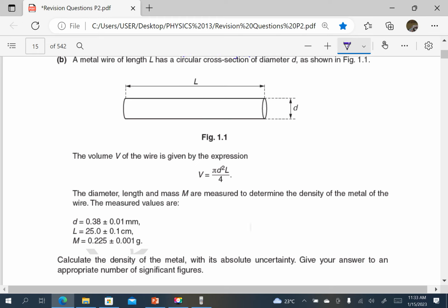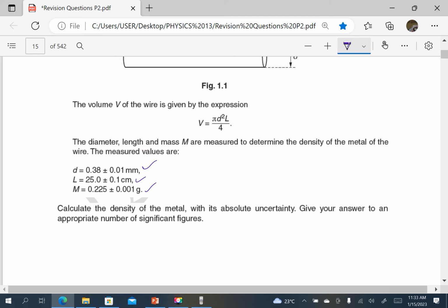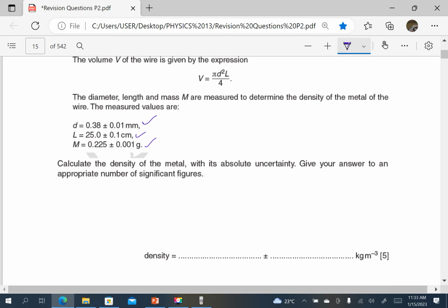The measured values are shown here. D is measured as 0.38 plus or minus 0.01. L is 25.0 plus or minus 0.1. M is 0.225 plus or minus 0.001. Calculate the density of the metal with its absolute uncertainty. Give your answer to an appropriate number of significant figures.